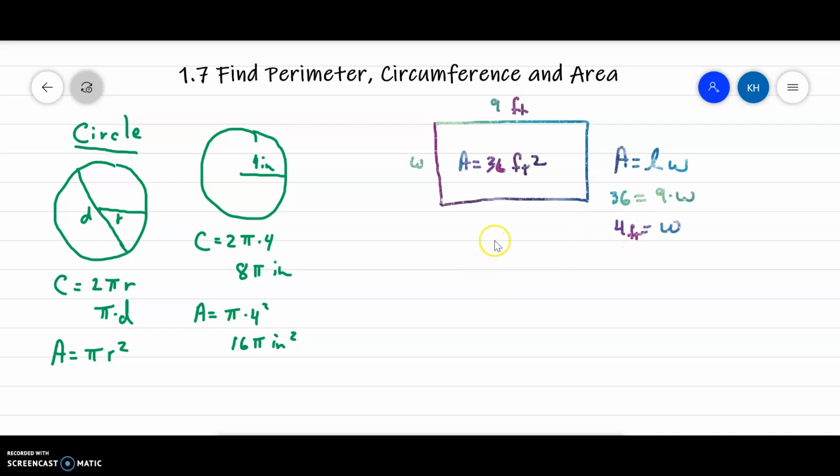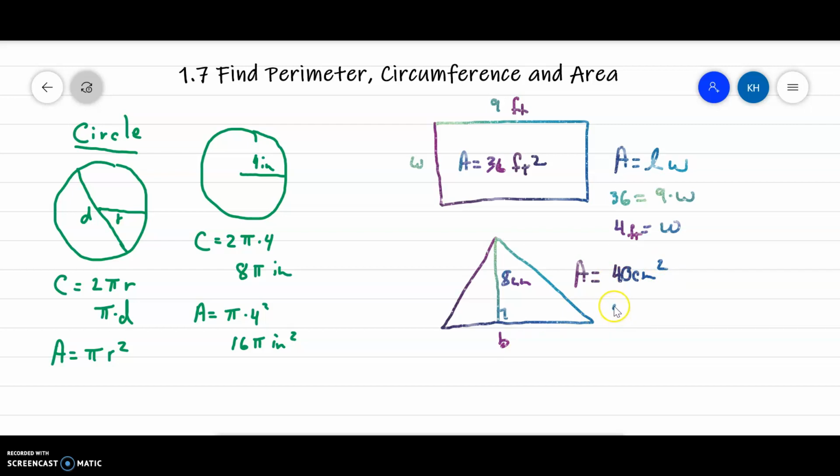And we'll do one more of these. Let's say we have a triangle whose height is, let's say, 8 centimeters. We do not know the base, but the area of this one is, let's say, 40 square centimeters. Find the length of the base.